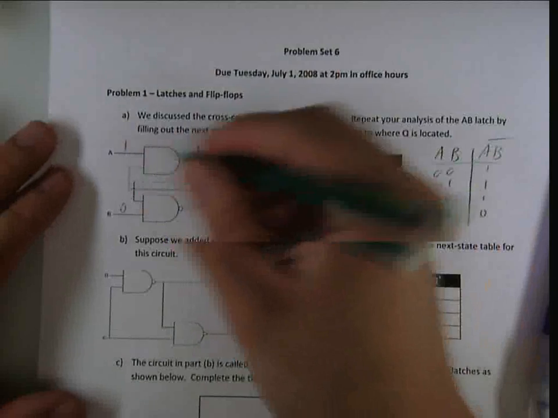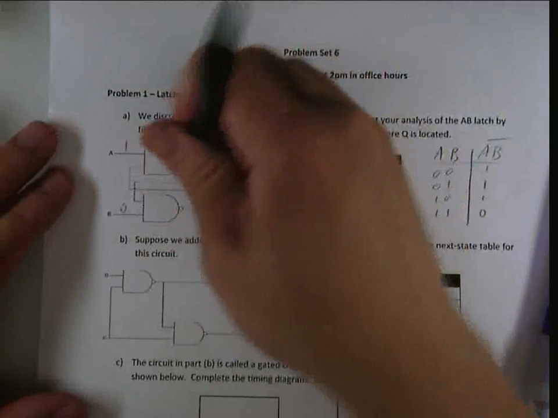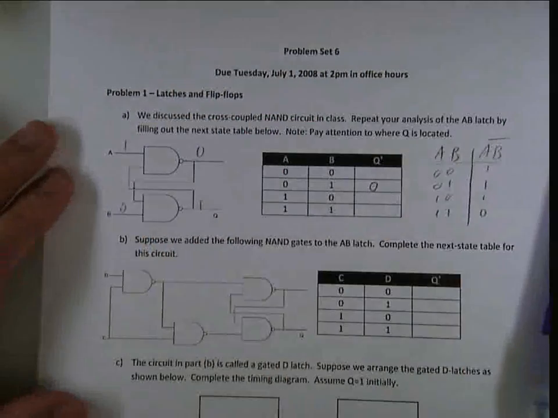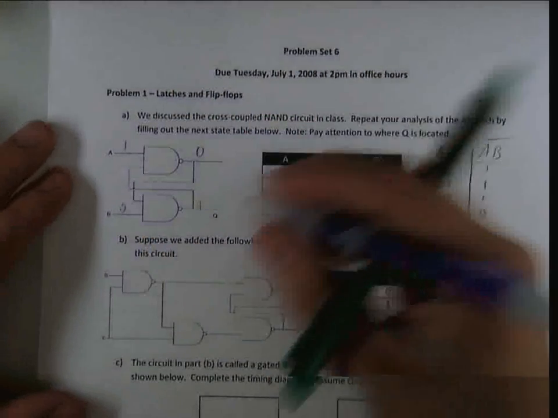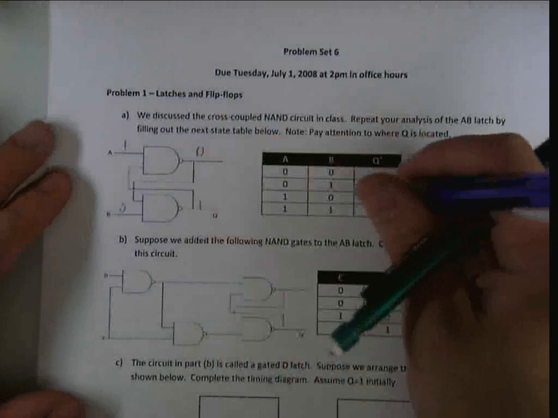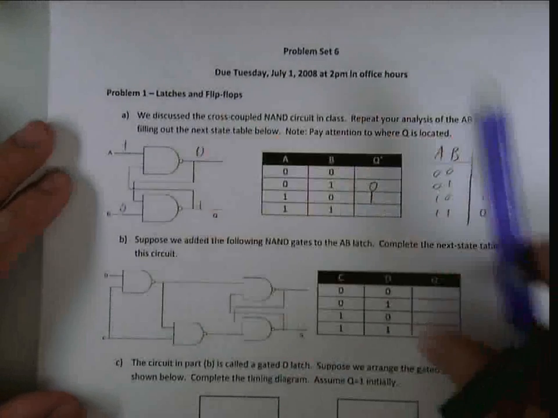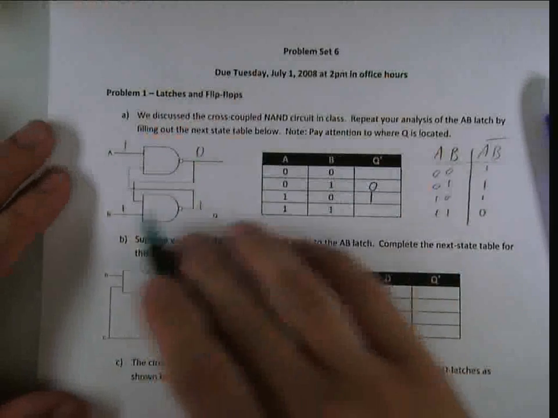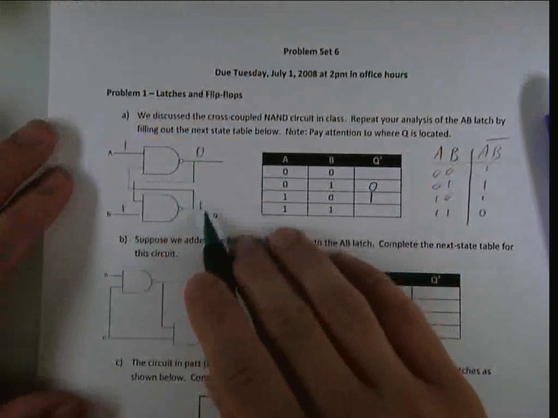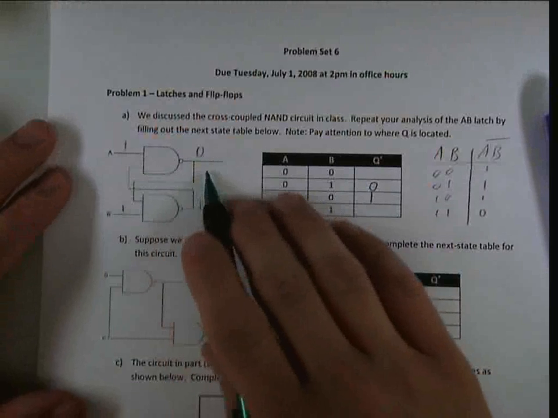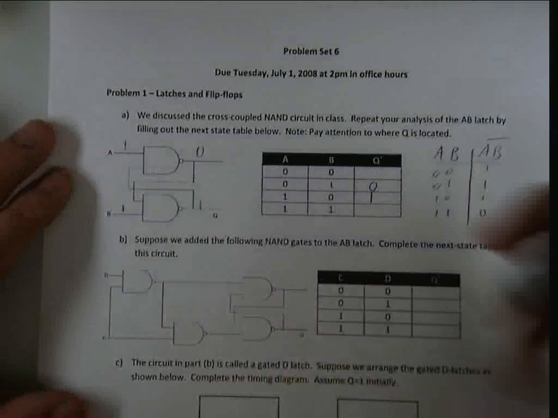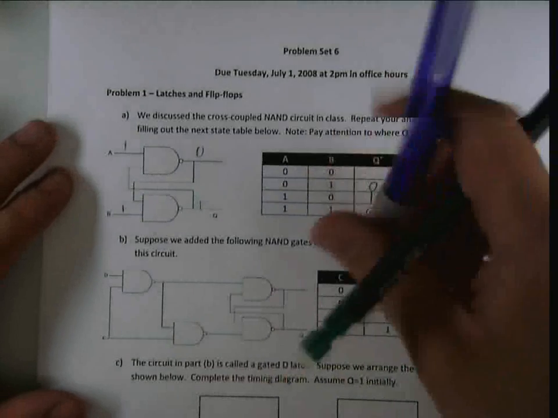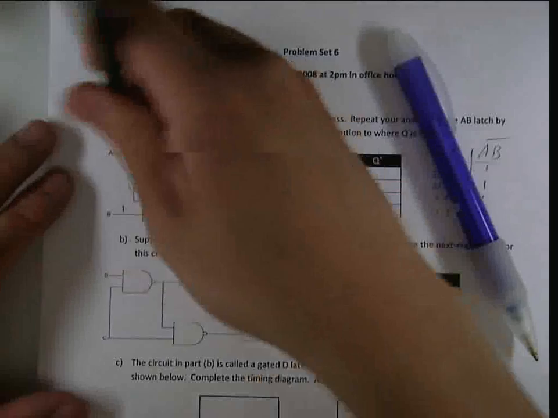And then 1 NAND with 1 is going to change this to a 0. 0 NAND with 0 is 1, and so this will stay the same. So this will now stay the same at a set. And if I change this again back to a 1, I have 1 NAND with 0, which is 1, good, and 1 NAND with 1 is 0, so that also stays. So I can officially say that this is a hold state.